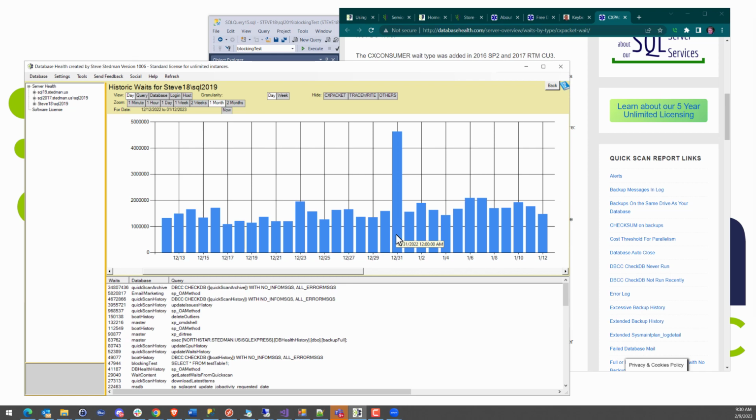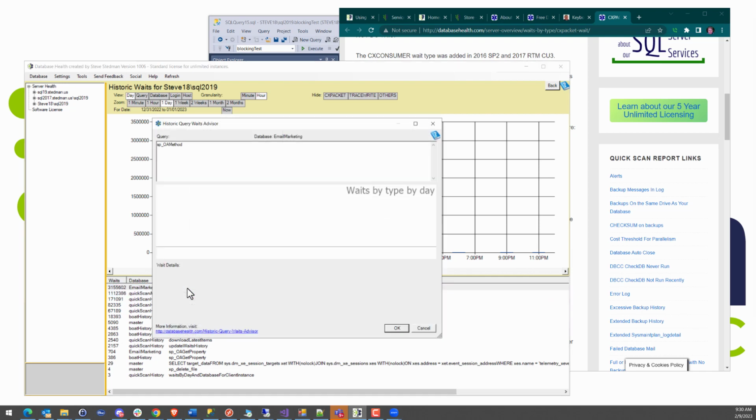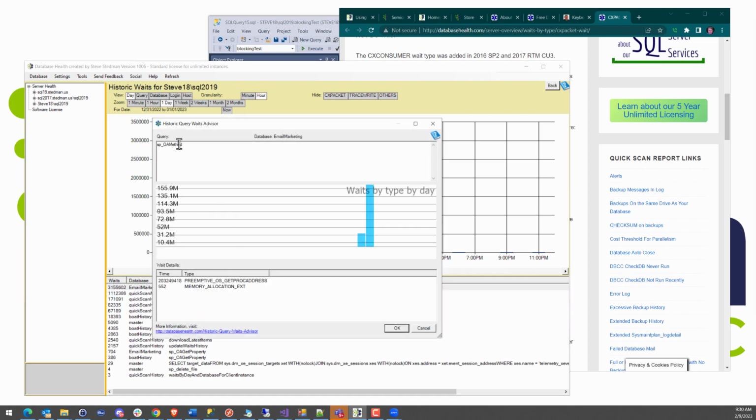Well, on 12/31, somewhere around 3 a.m., there was a lot of weights associated with an SPOA method call. Oops, I clicked the wrong one. And if we double click on that, we can see what the SPOA method is used for in this specific case. It's used to do a web service request.